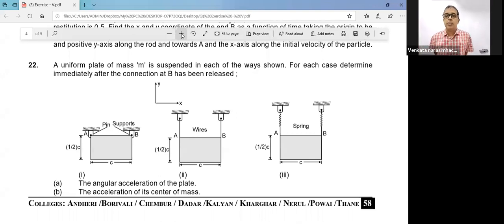Don't try the first bit. Second bit. Question number 22, second bit. So by second bit, you mean acceleration of center of mass, right? I need the second diagram. Okay, sir. The second diagram, the middle diagram, needs to be solved for both A and B.